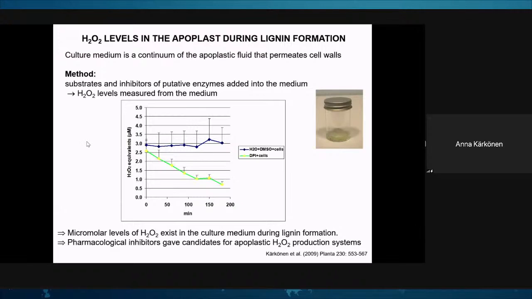I also added different putative substrates and inhibitors of enzymes that are putatively involved in hydrogen peroxide formation, and certain inhibitors gave indications about the enzymes that could be involved in hydrogen peroxide production in this cell culture, but I don't talk about that today.